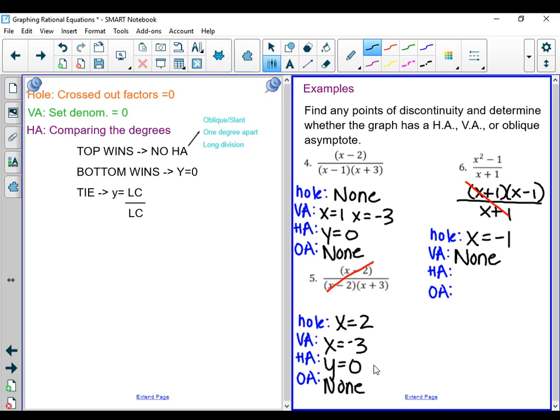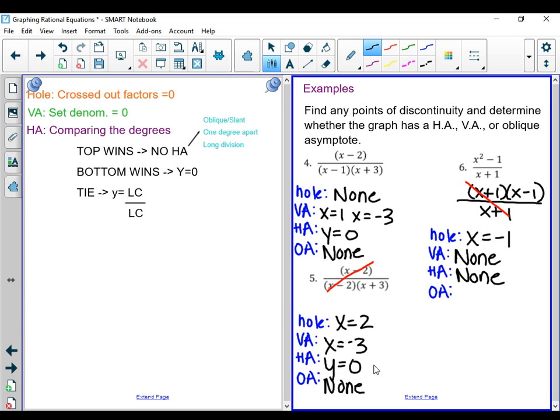Who has the highest degree? Neither. Okay, so since I wrote none there, I have to look at it and ask, are they 1 degree apart? Well, 2 versus 1, they are. So I'm going to have an oblique asymptote here.